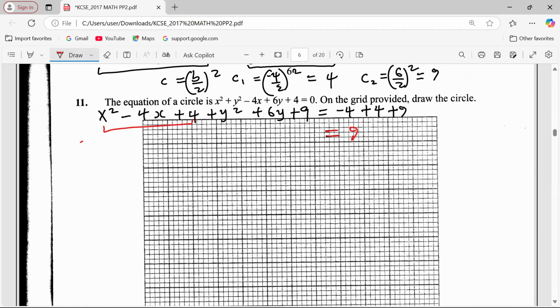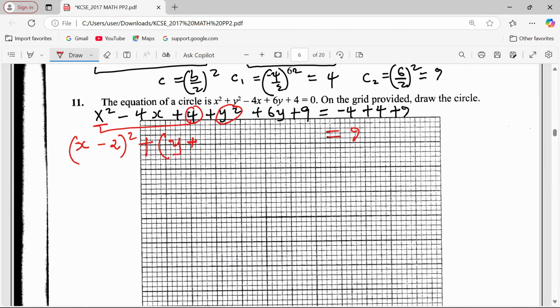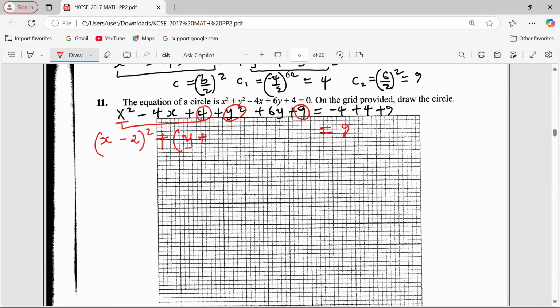So to factorize it, we start with the square root of x squared, then the sign which follows, a minus, and the square root of the constant, which is a 2, squared, plus, for y, we start with the square root of y, which is y, the sign which follows, a plus, then the square root of the constant here, which is a 3, squared. This is equal to 9.